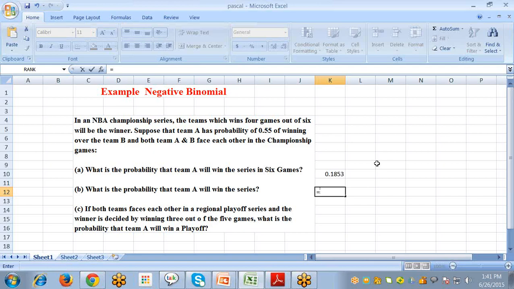If it loses the fourth match, it can't win the series. So the formula would be the sum of the probability of 3, then 2, then 1, and then 0.